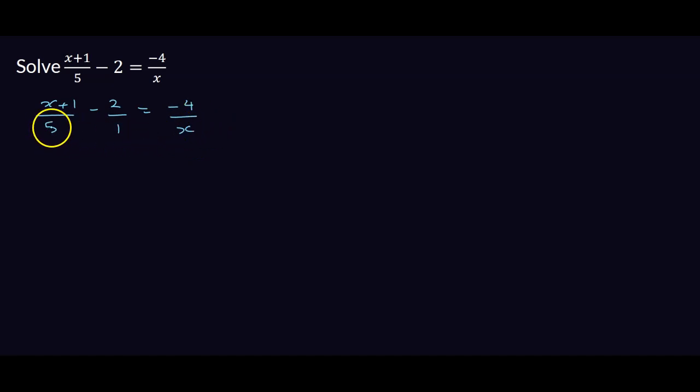So we can simply find the LCM of 5 and 1, which is 5, and then x. So it's going to be 5x. We're going to multiply every term in this equation by 5x. So we have (x plus 1) over 5 multiplied by 5x, and then minus 2 over 1 multiplied by 5x, equal to negative 4 over x multiplied by 5x.